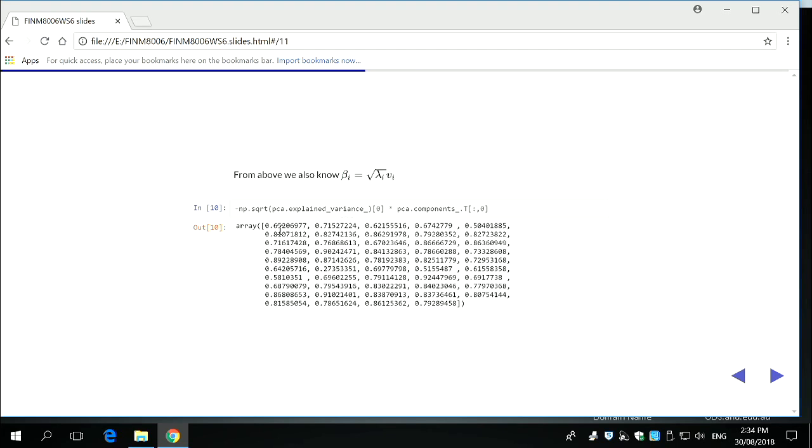Again, what should be the interpretation of this beta 0? Beta is what we call the loading. So this beta on the first factor that we extract is the loading on what?